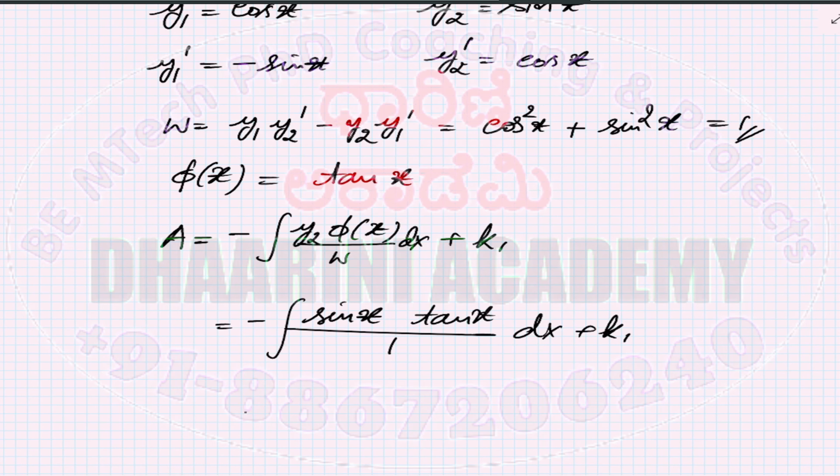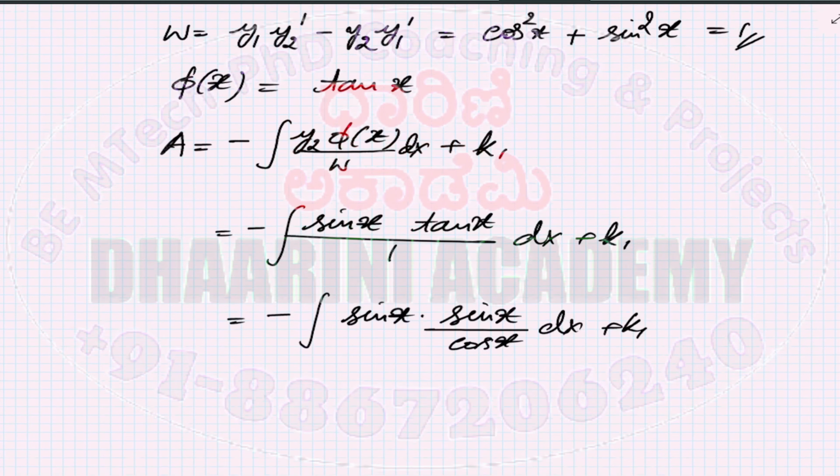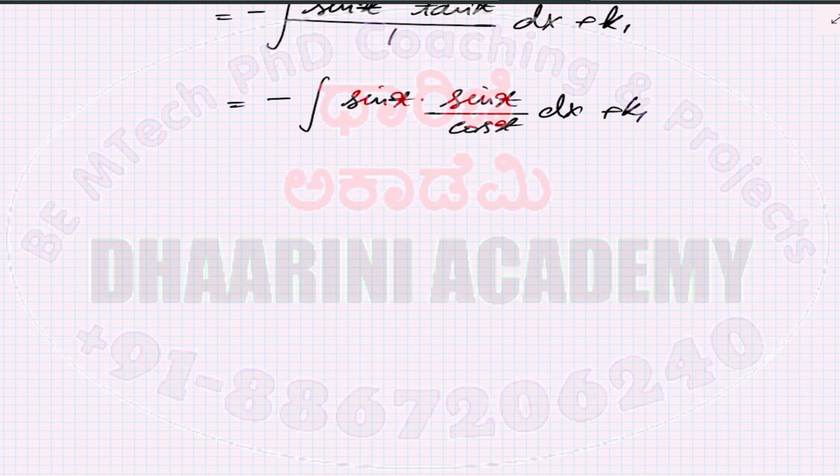Okay, so this is equal to minus integral sin x into, I'm going to write tan x as sin x by cos x, dx plus k1. So we can do only one thing here. Let me write sine into sine.